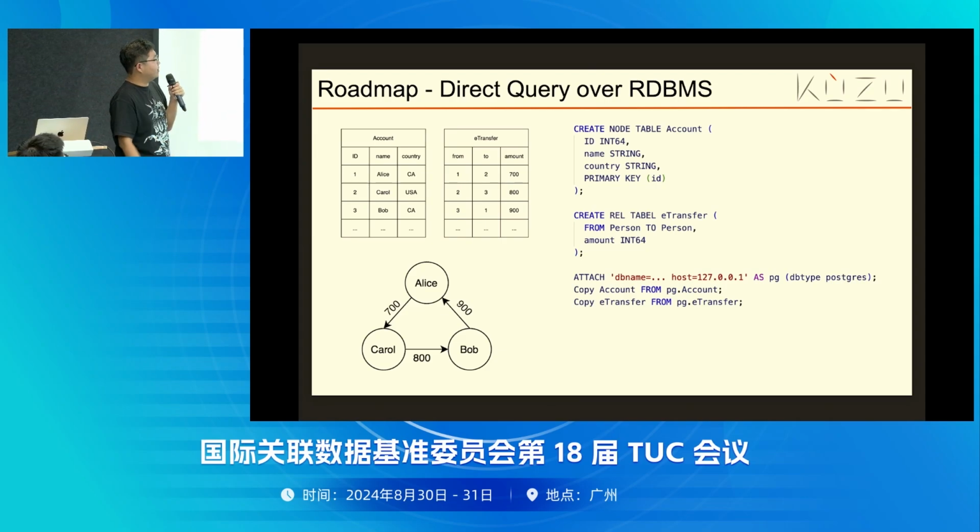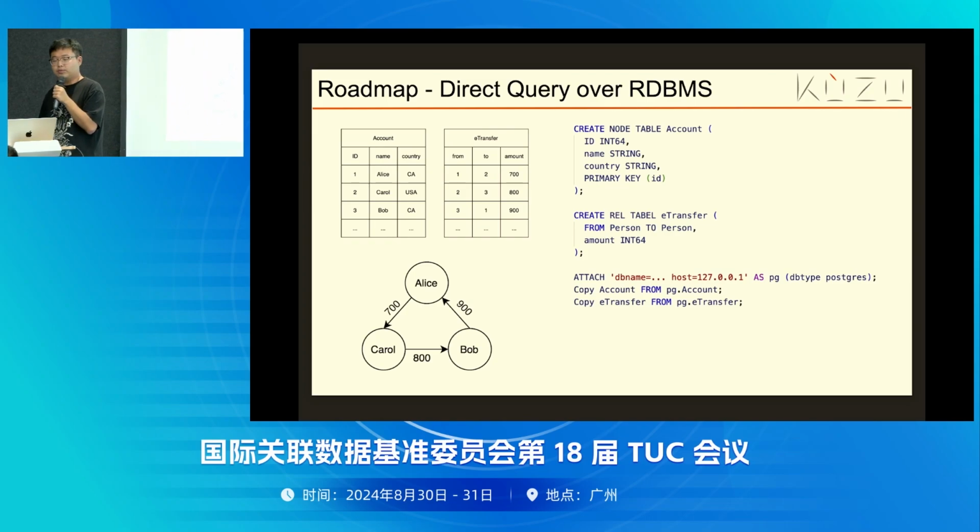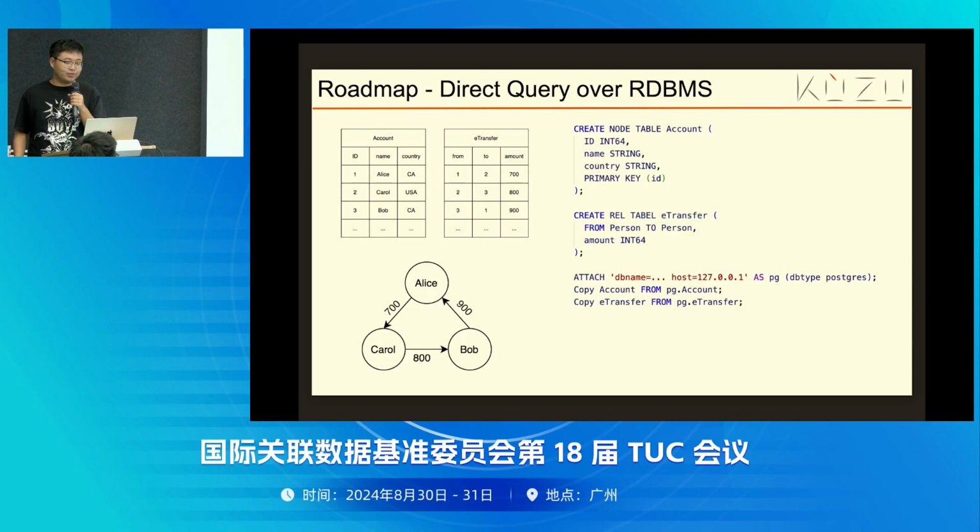Suppose we want to run graph analytics on these two tables that exist in Postgres, and suppose you want to use Kuzu. Currently, you have to first declare graph schemas, declare node tables and relationship tables explicitly, and then attach to the Postgres database and do this ETL step that copies from the Postgres tables into Kuzu tables: copy the Postgres account to Kuzu account, and also copy the Postgres transfer table to the Kuzu transfer table.